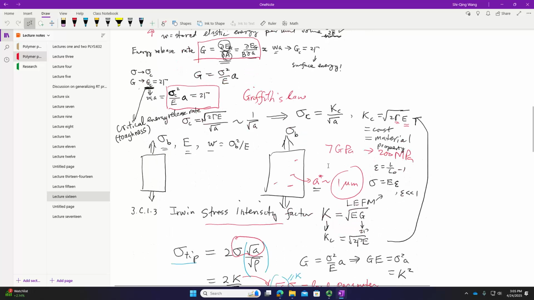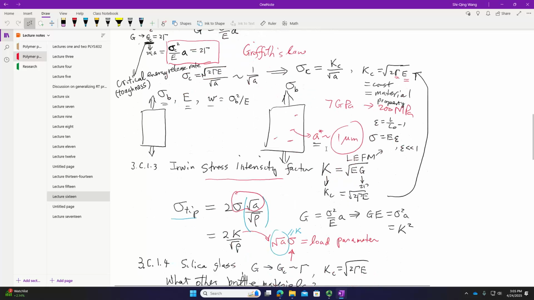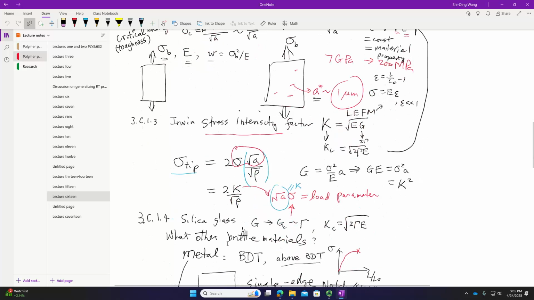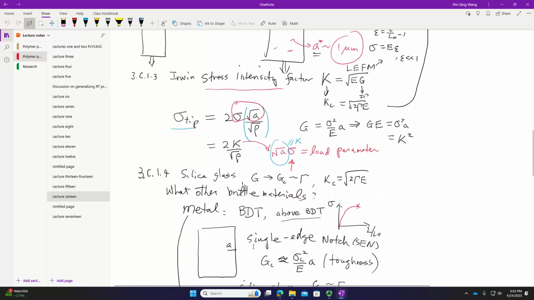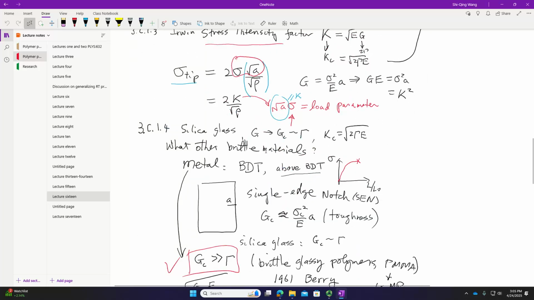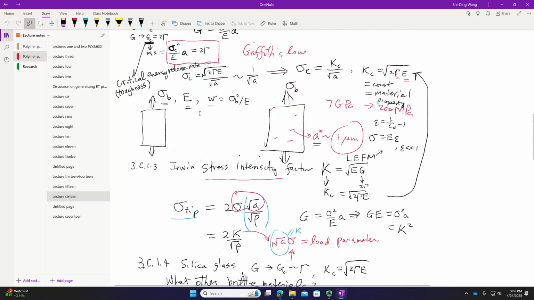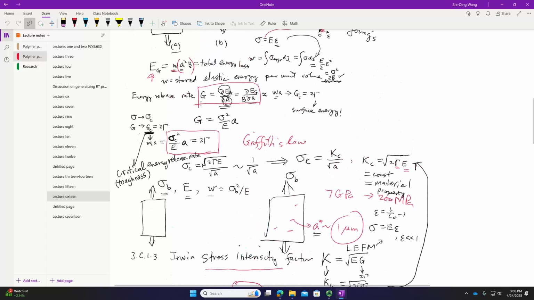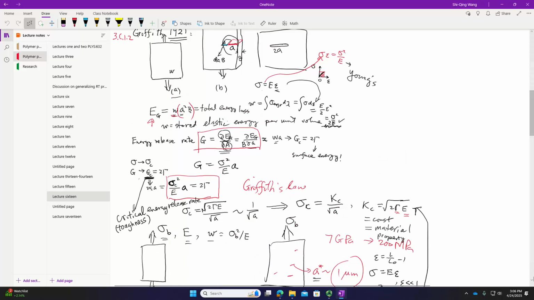And we started to say at the end of the class that, unlike window glasses, for other materials this operational definition applies. In other words, you keep loading up until at some moment fracture occurs.